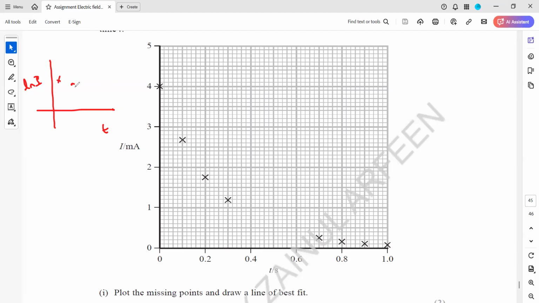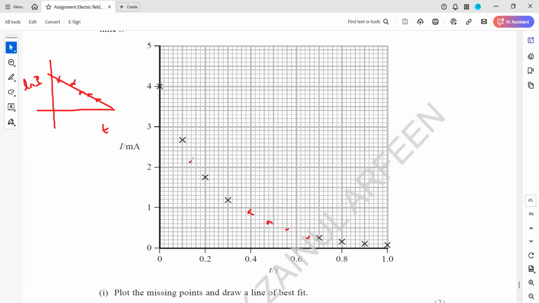We should repeat and get more sets of results, and instead of plotting I and t, plot ln I against t. Why ln I? Because an ln I versus t graph is a straight line, so we can identify the anomalous results. But in a curve, it's hard to identify which result is wrong.